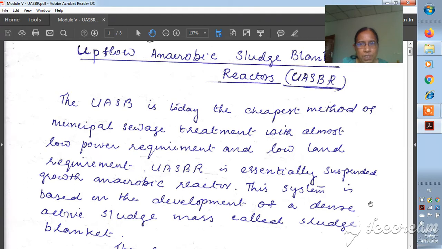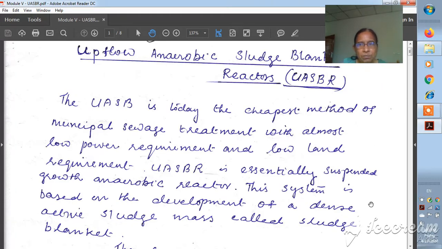The first one, trickling filter, is an attached growth process, but it is aerobic. The second one, activated sludge process, is a suspended growth process, again aerobic. And the oxidation ditch is aerobic and a suspended growth process, but it is an earthen ditch, an earthen channel.